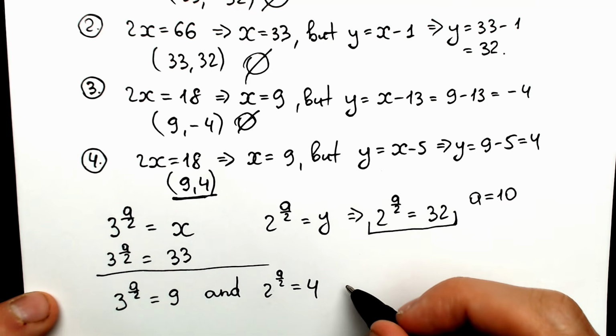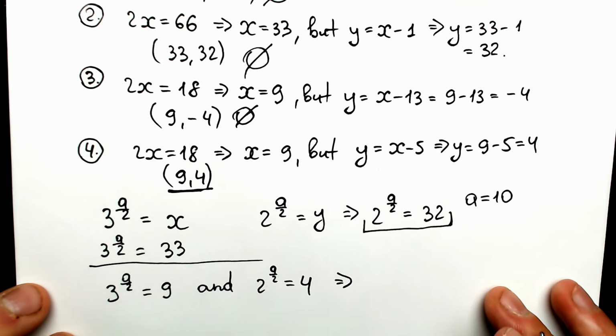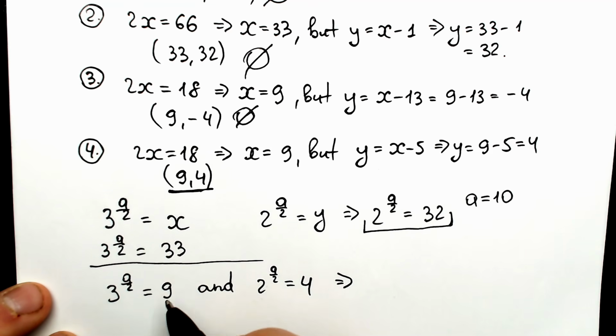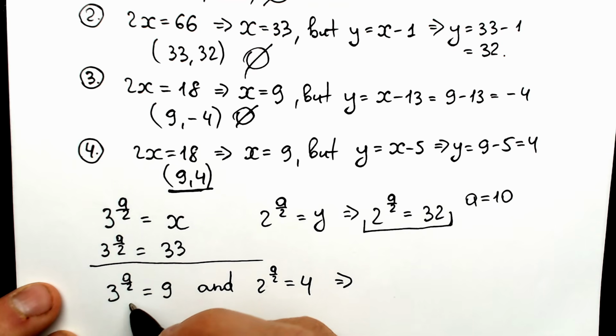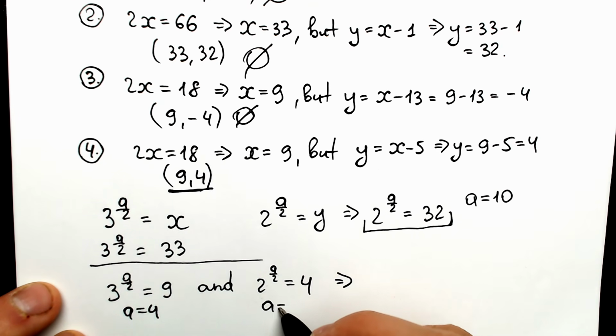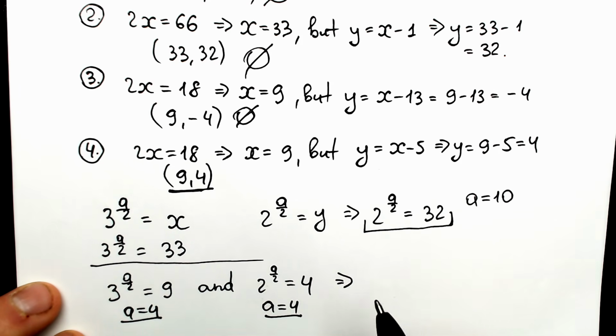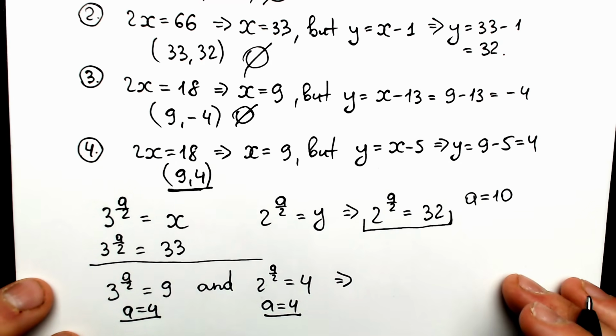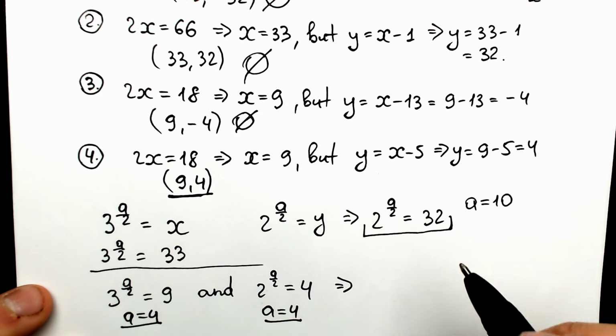So from here, what do we have? a over 2 equal to 2, a equal to 4. And 2 to the power a over 2 equal to 2 squared, so a over 2 equal to 2, so a equal to 4 as well. So we have the same root, and it's really great. It means that we solved this question completely.